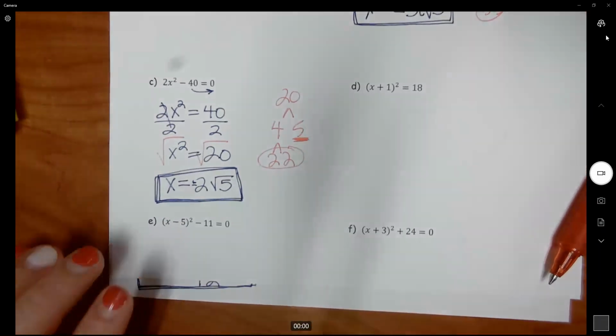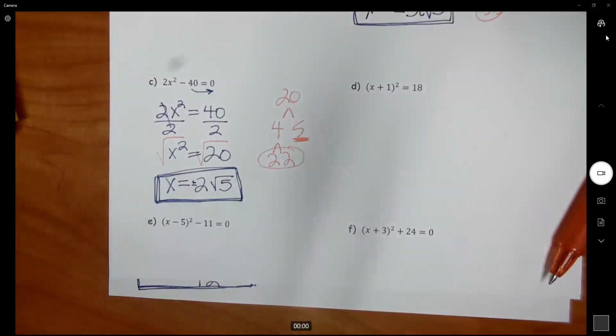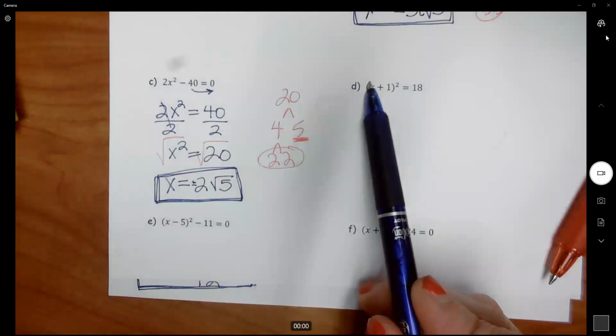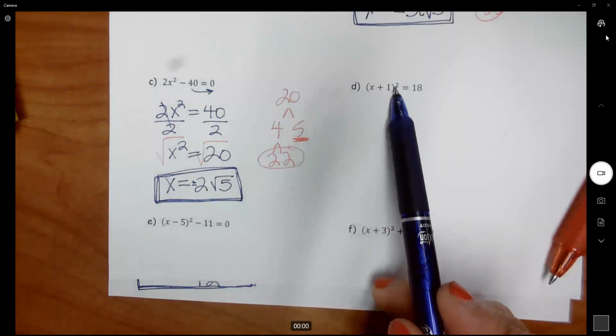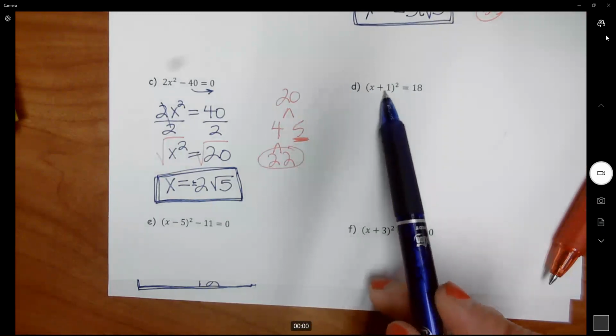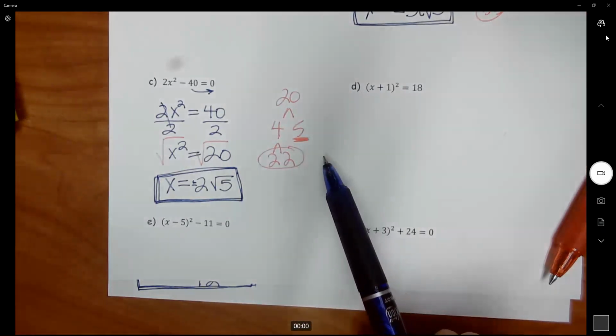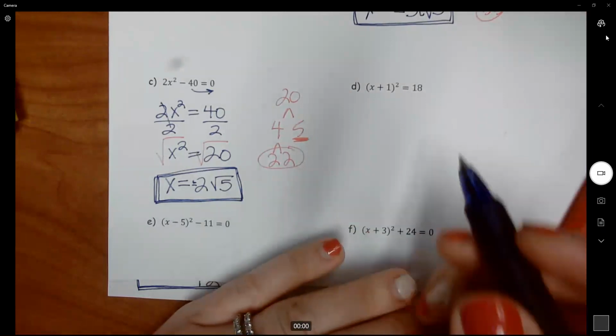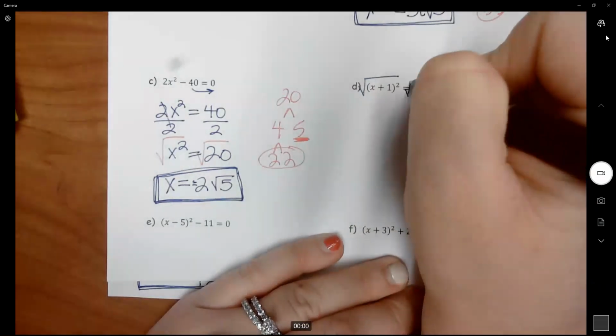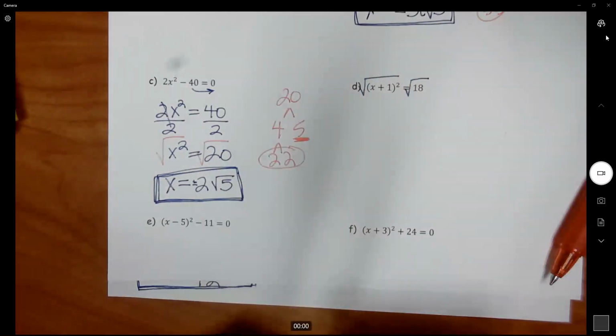Now these kind of look different, but they are the same. This is still my squared term. I've got x plus 1 quantity squared, so my squared term is isolated. To get rid of this squared, I'm going to take the square root of both sides.